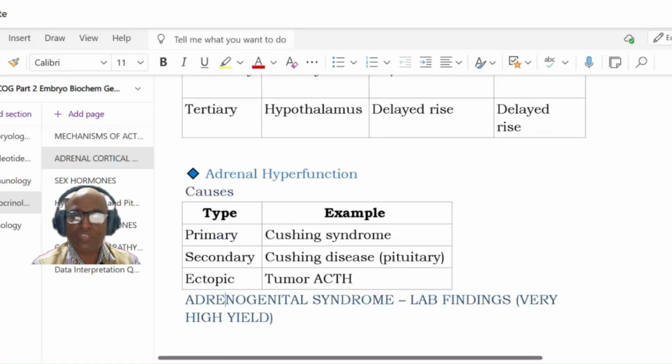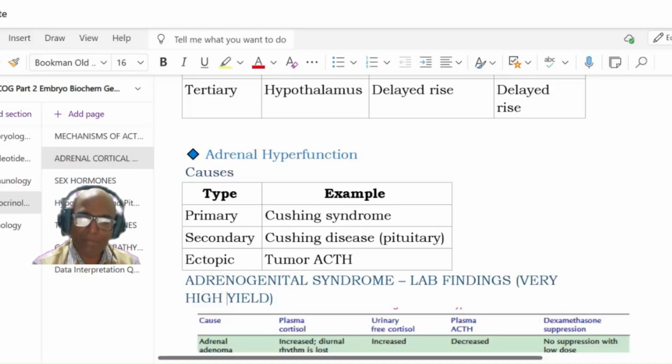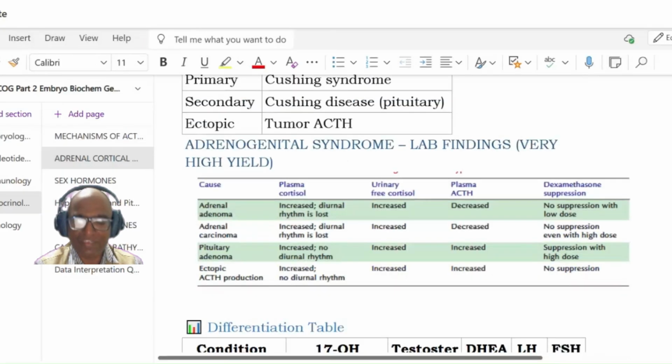Now we will go to adrenal hyperfunction and adrenal hypofunction. When it is a primary adrenal hyperfunction, we call it Cushing syndrome. When it is secondary, because of a pituitary adenoma, we call it Cushing disease. And the third is the ectopic secretion of ACTH.